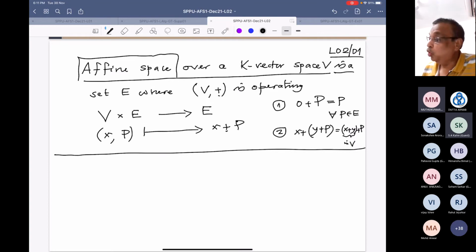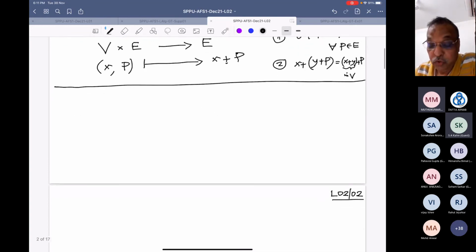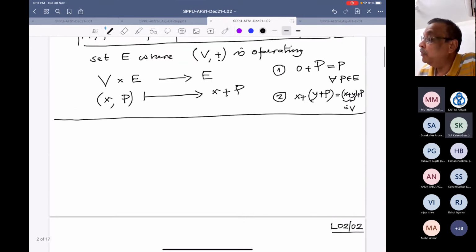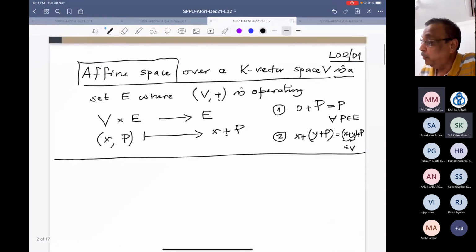All right. So before I go on, I should have marked this definition is due to Hermann Weyl. This was around 1854 that he made this definition. I have given a reference here.